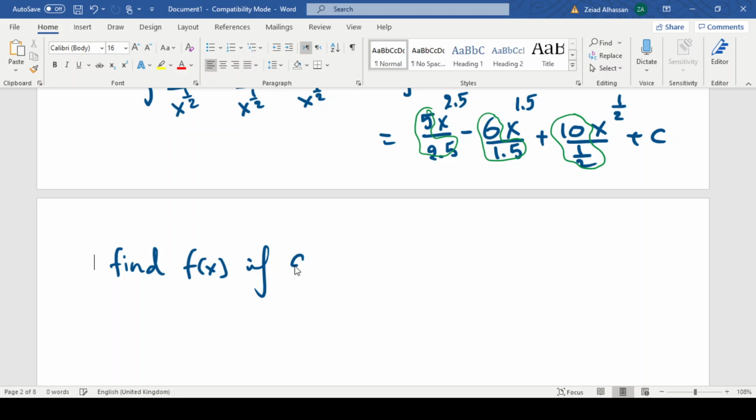So we need to find f(x), which is the original function, so we need to do integration for this one dx at this point.